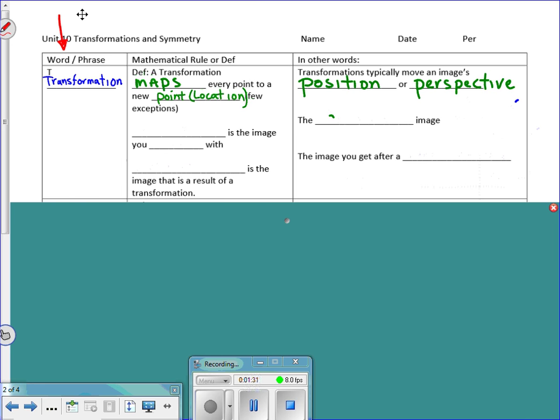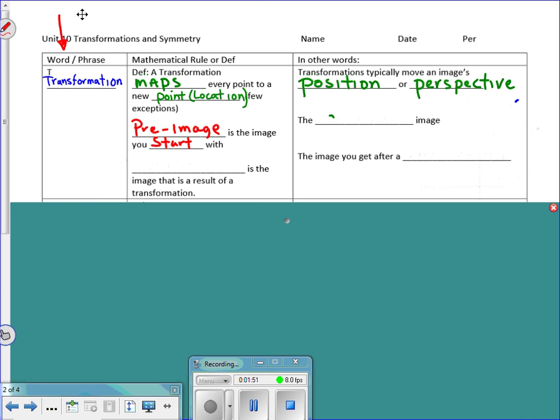And it actually can even change its size. But right now we're looking at transformations that keep its size, the drawing size, but might change it by turning it, twisting it, or pointing it in a different direction, or just simply sliding it or gliding it around the coordinate plane.